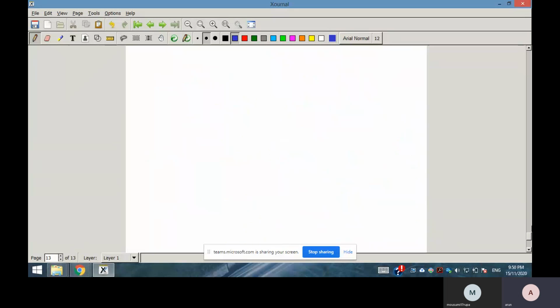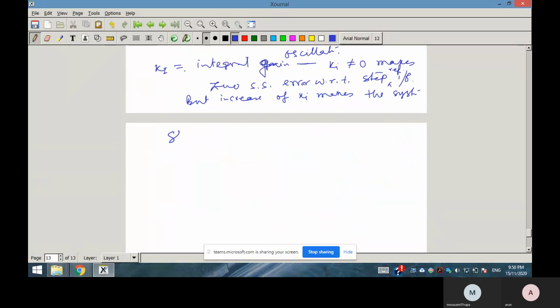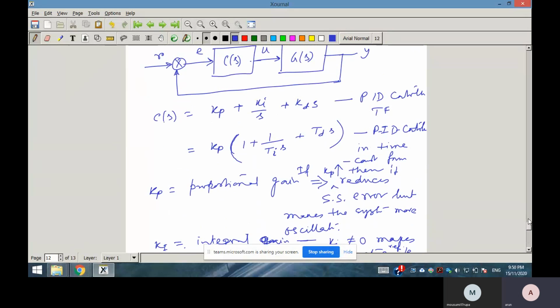If you increase Ki, suppose TD equal to 0 and Kp you have kept fixed, then what is the zero location of the controller?